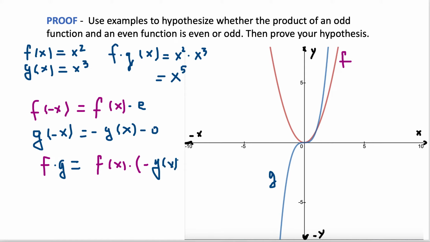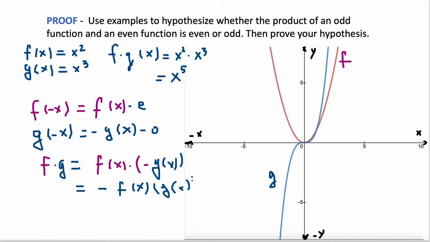And if we multiply everything here, it is going to be equal to a positive times a negative, which is a negative: minus f of x times g of x.